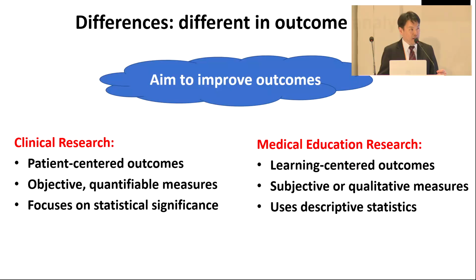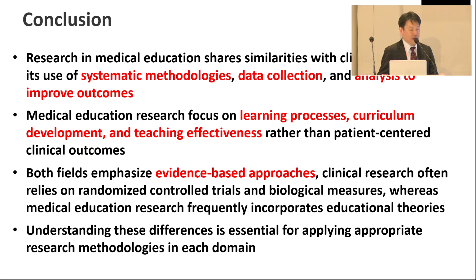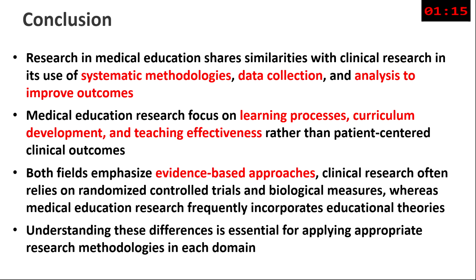And finally, clinical research mostly focuses on statistical significance, but in medical education research, the majority may just be descriptive statistics. So this is the major difference in outcome analysis. So in conclusion, research in medical education shares similarities with clinical research.